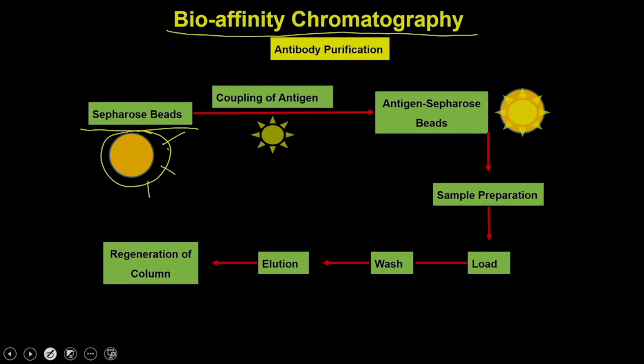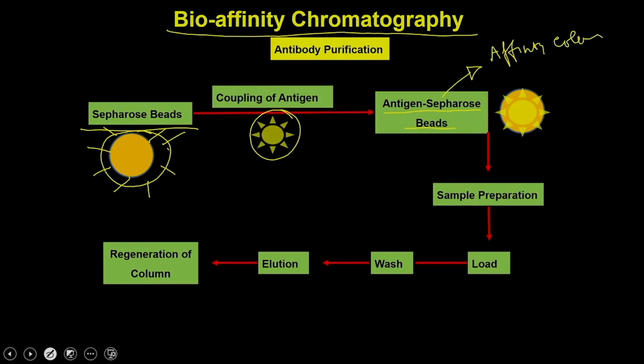We can have different types of functional groups, or sometimes if the sepharose beads do not have functional groups, you might have to perform chemical reactions to activate them and generate the functional groups. After that, you incubate them with the antigens, and the antigen is coupled to the beads, so you develop antigen-bound sepharose beads, which work as the affinity column.